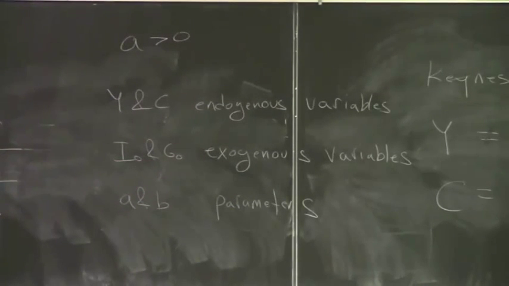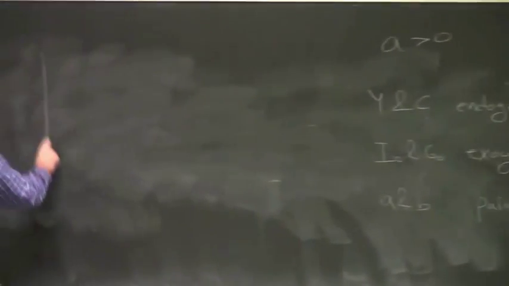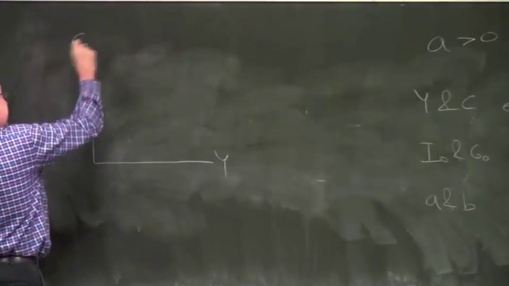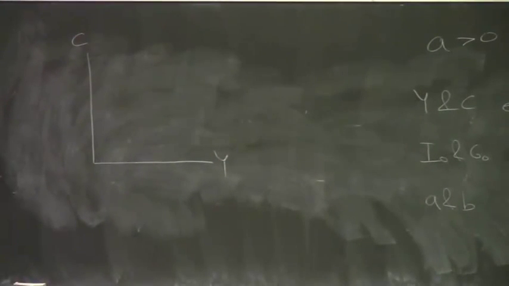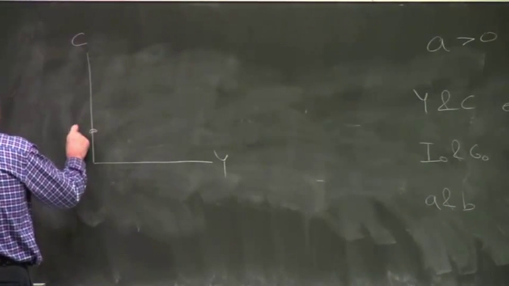If we were to graph this consumption function, it would look like this. Here's Y, the independent variable. Here's C, the dependent variable. And A is just this intercept right here.